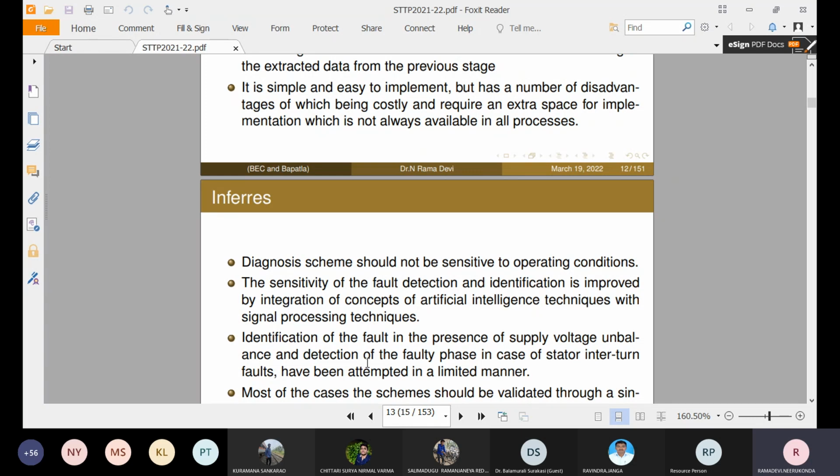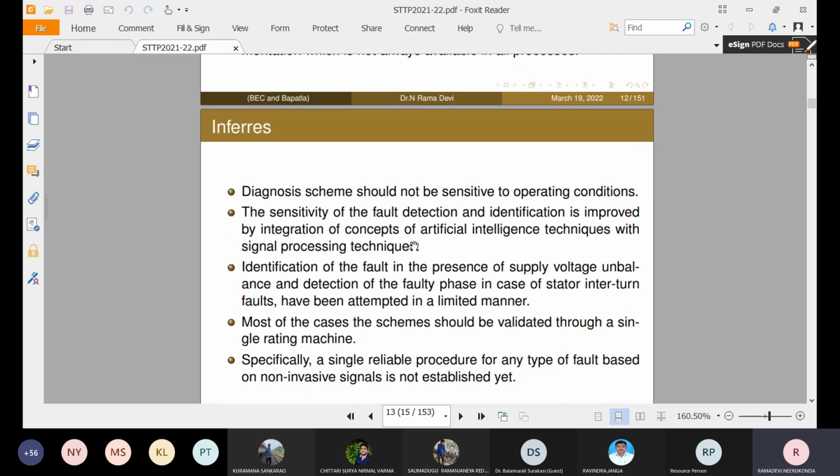Whenever we require efficient detection algorithms, we go with the integration of the analyzing techniques. The performance of such integrated concepts will be better than the individual processing techniques.